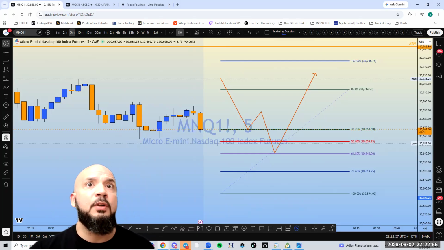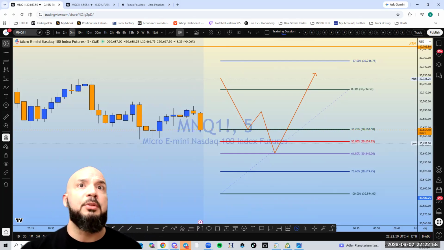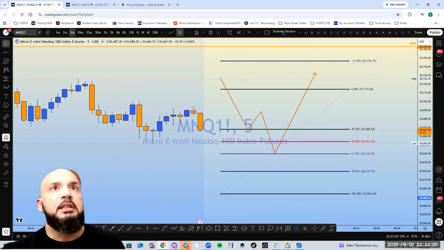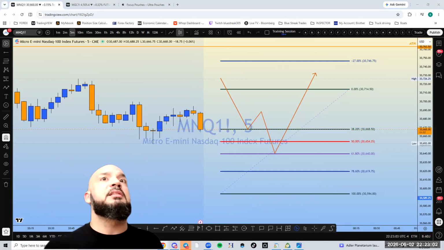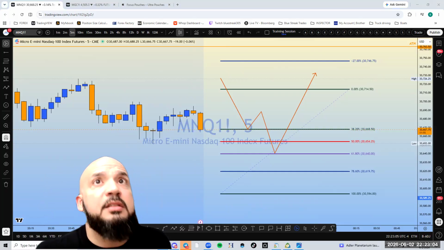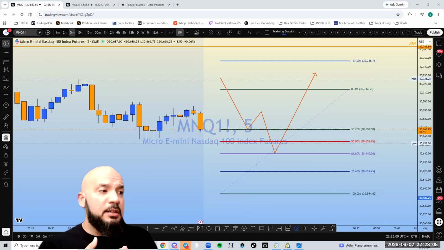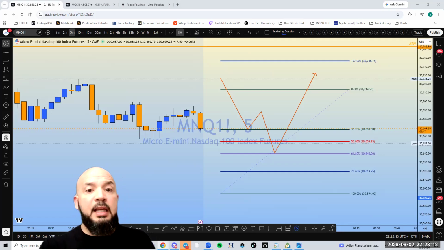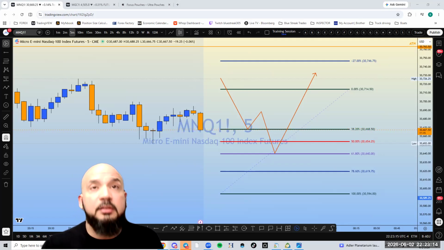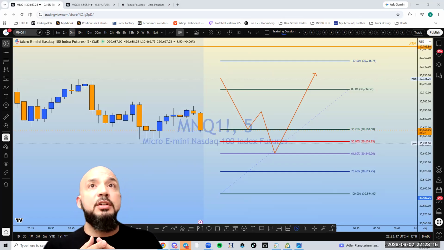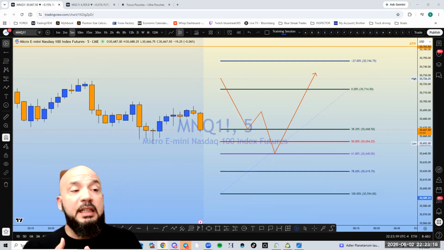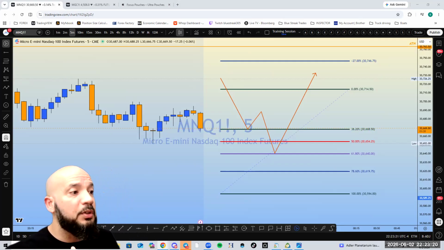So let's look at the entry formula. The entry formula for an A+ setup is market structure, Fibonacci, and candle confirmation. Once again, the A+ setup formula is market structure, Fibonacci, and candle confirmation that we just went over.